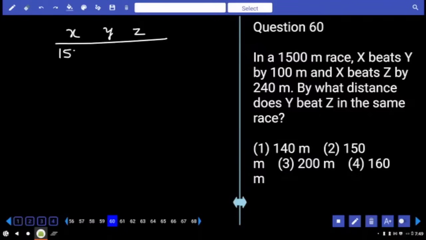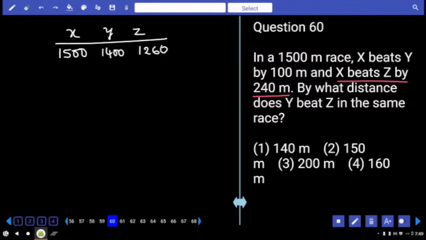As it is a 1500 meters race, X covered 1500 meters and he beats Y by 100 meters. That means Y was 100 meters behind X, so he covered only 1400. And X beats Z by 240 meters, so Z covered only 1260.